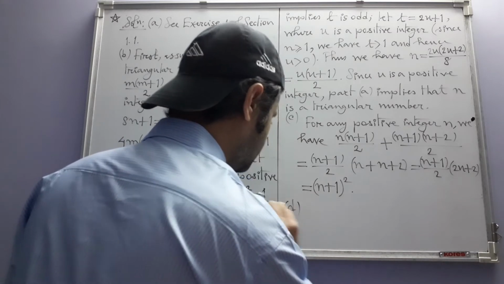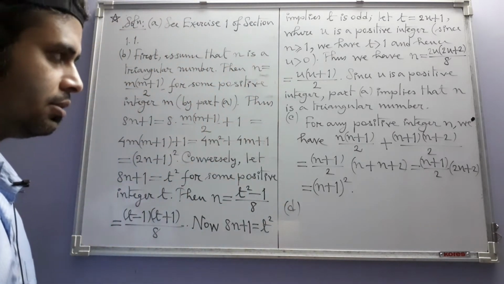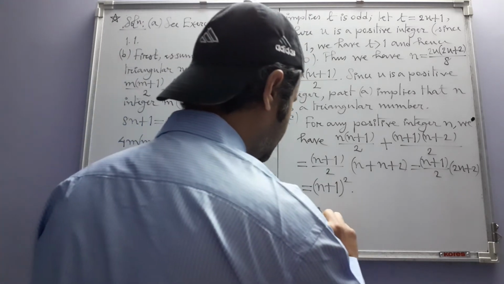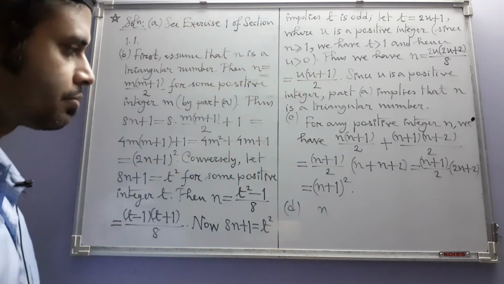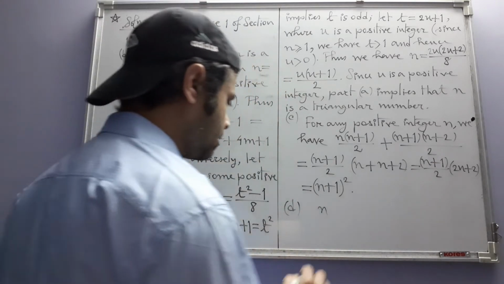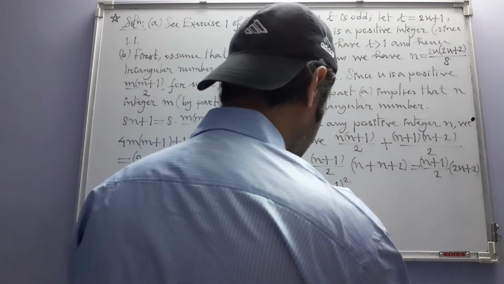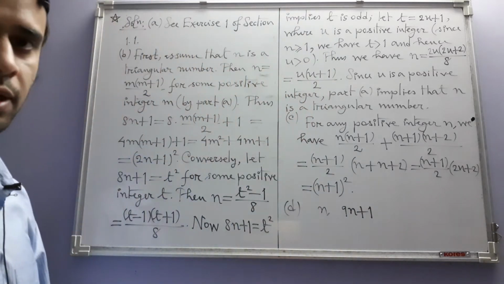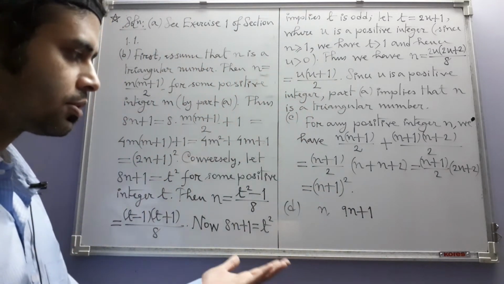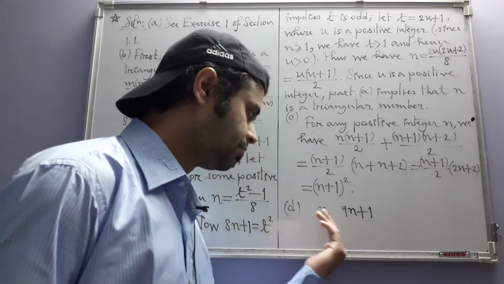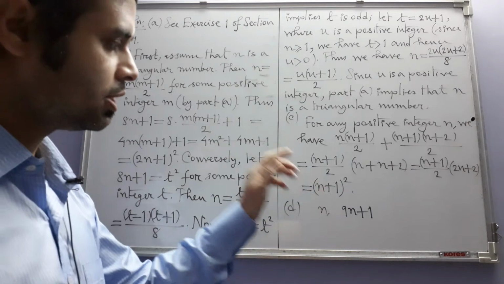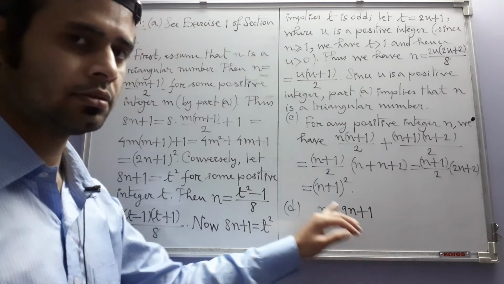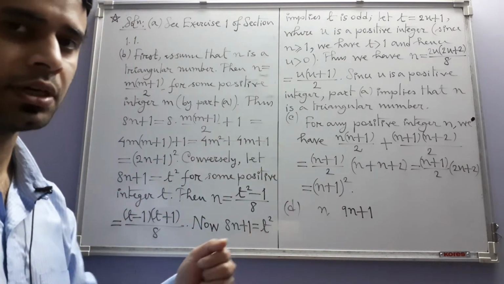Okay, now we come to D. So in part D, it is given that n is a triangular number. We have to prove that first of all, say 9n plus 1 is a triangular number. Now of course this can be done directly using just part A. That is, you consider an expression of the form m times m plus 1 divided by 2.